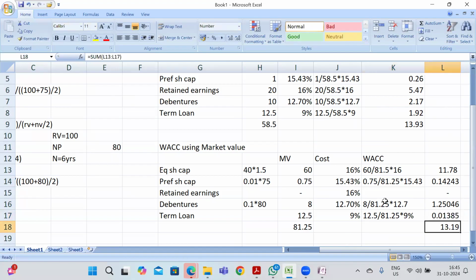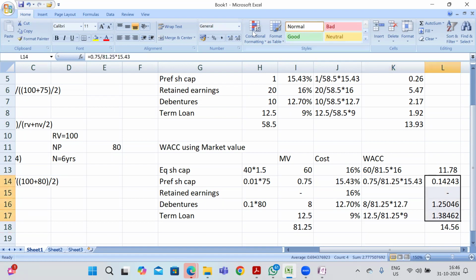So I calculated 12.5 divided by 81.25 into 9%. I will be getting 1.38462.